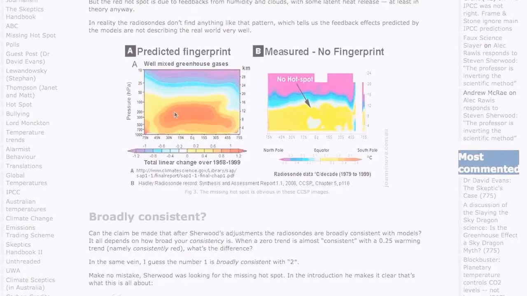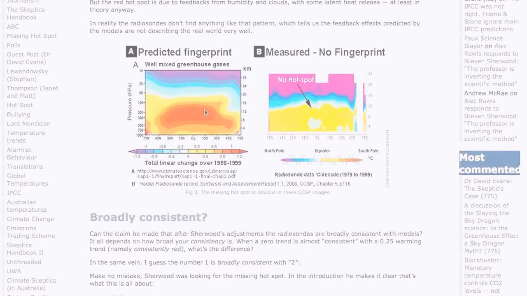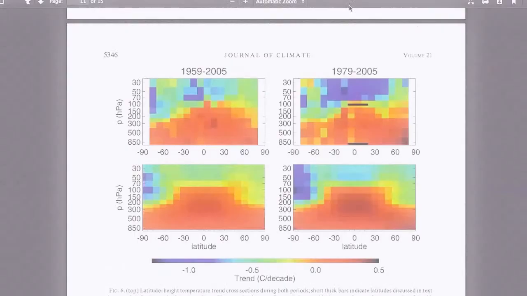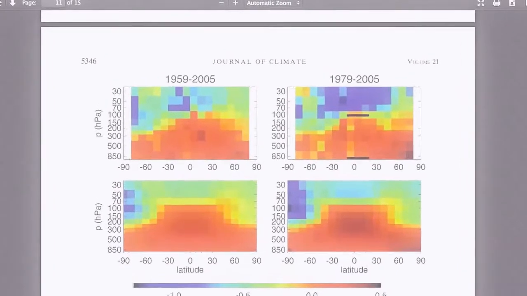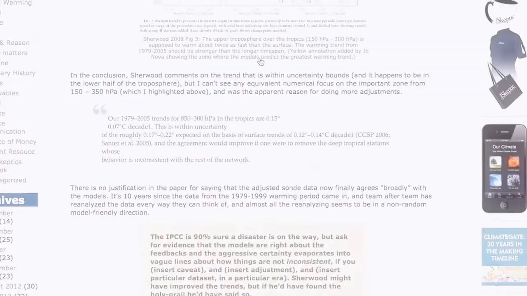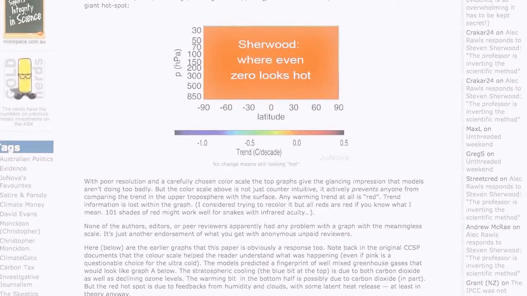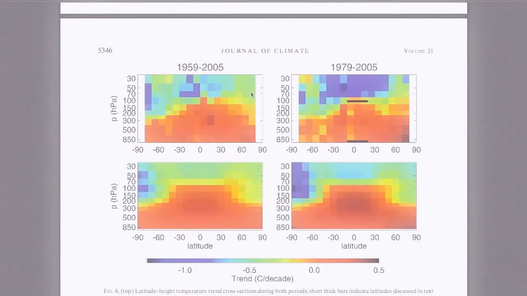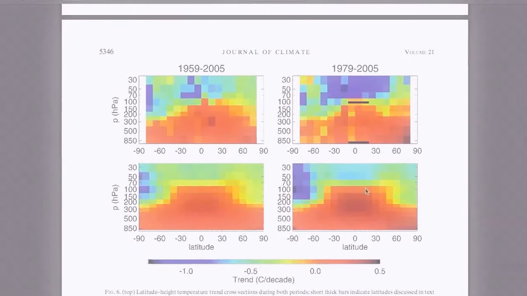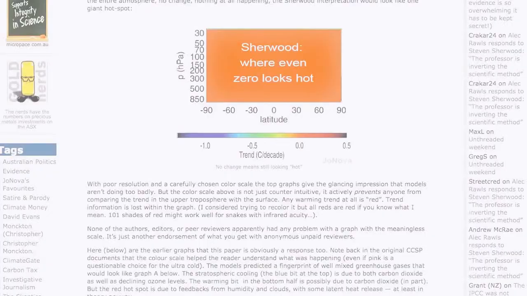So this is looking for 1.2, somewhere in there, degree Celsius anomaly. This one is showing a 0.5 maybe degree Celsius anomaly in that hotspot region, but it looks similar. It's literally the coloring, and as is noted here, the Sherwood paper where even 0 looks hot. I mean, it's grade school level stuff, just changing the scale and changing the colors to make it look like there's a hotspot when there isn't.